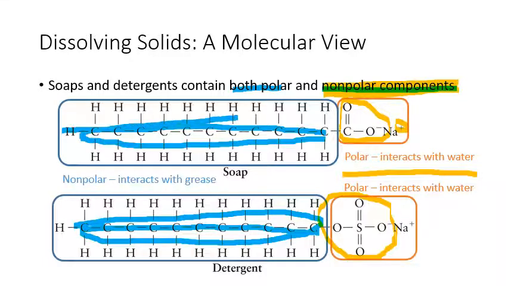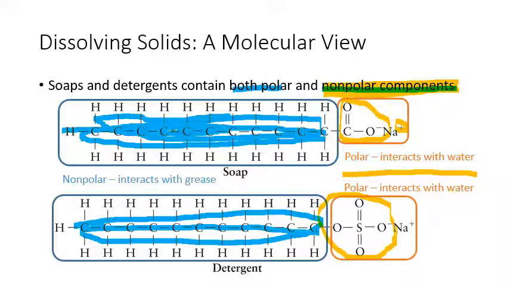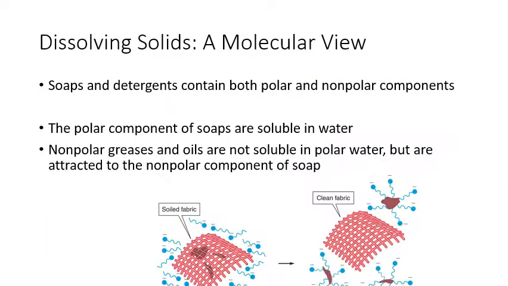So if you had some grease or some oil and you wanted to dissolve it in water, you would use a detergent or a soap, which would have the non-polar region that interacts with the molecule and a polar region that interacts with the solvent, water. So this oil is going to hang out over here with this section, and then the water is going to hang out in this section here, and that allows you to dissolve your oil or your greases in water by adding soap. And you can see some examples of that happening here.